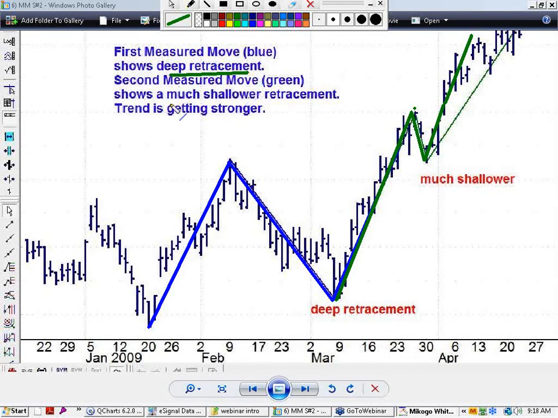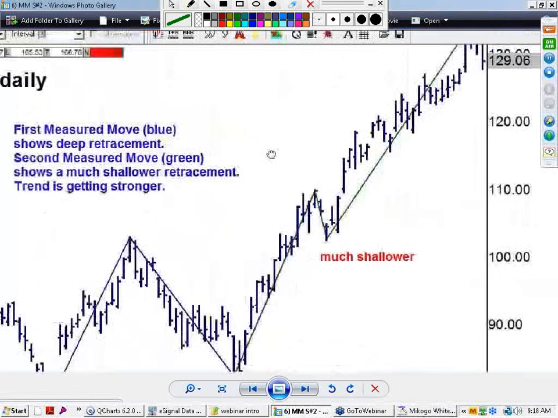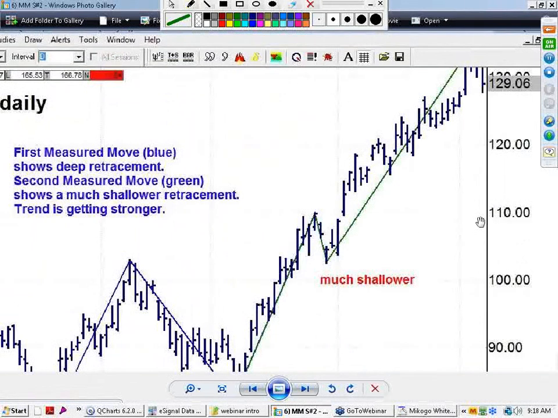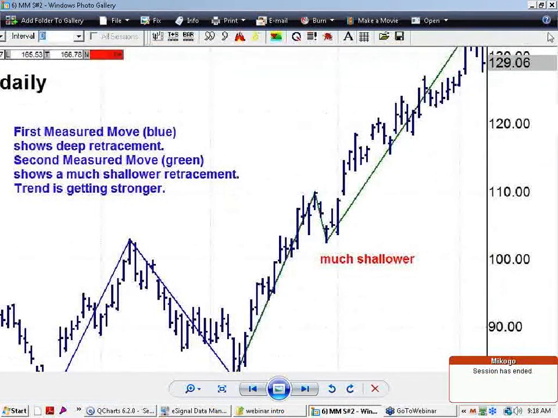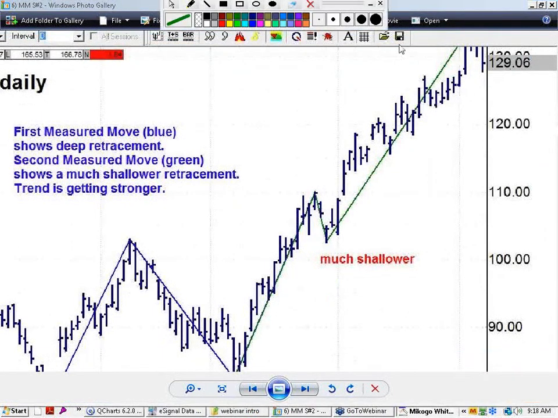The second measure move shows a much shallower retracement. And therefore, the trend is getting stronger. It's not just going up, but it's going up with a lot of energy. And that was when it was about $110. And you know that Apple went up as much as, I think, $200 and some odd dollars.